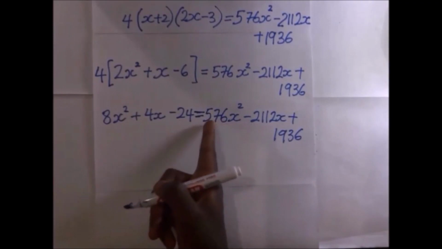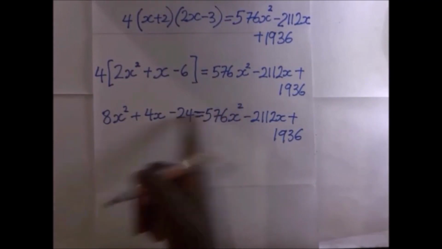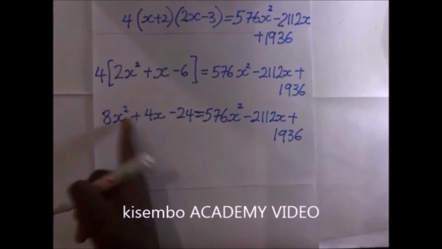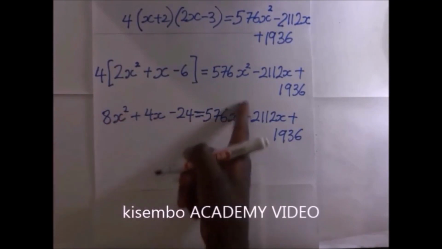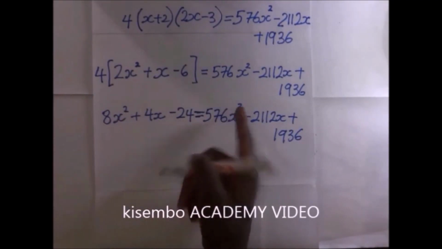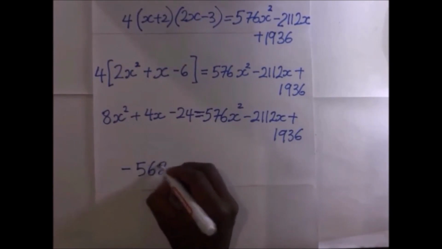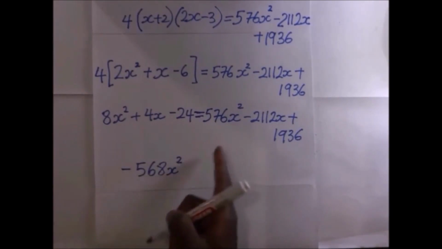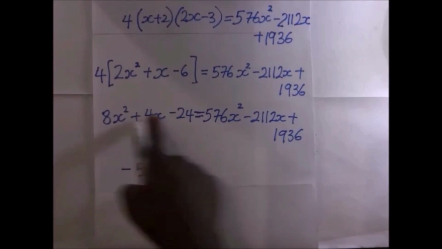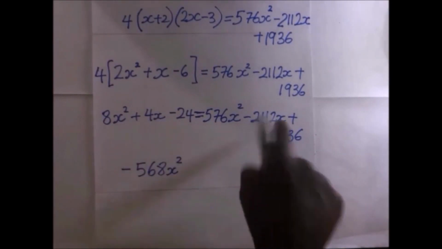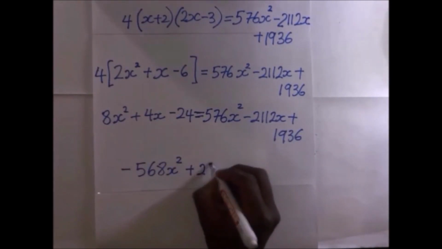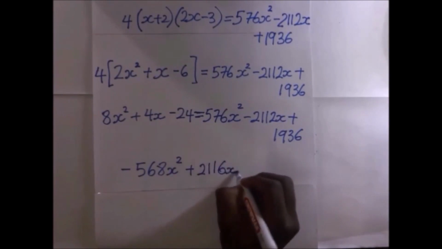So we merge this: 8x squared minus 576x squared is going to give us minus 568x squared. Then 4x plus 2112x is going to give us plus 2116x.